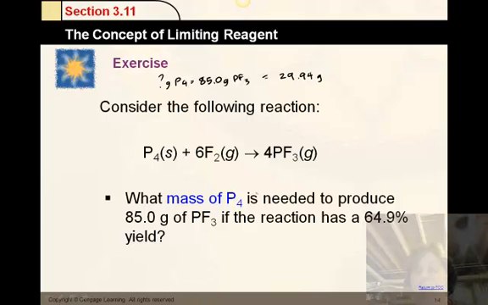And I'm not going to do that out for you. I think you can do the three parentheses and hopefully agree that it's 29.94.